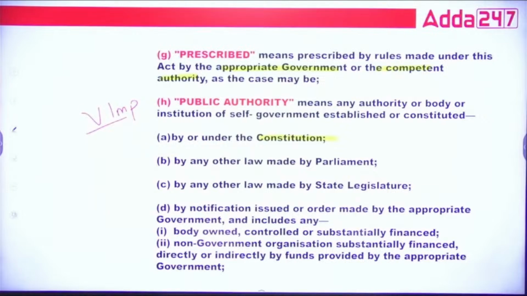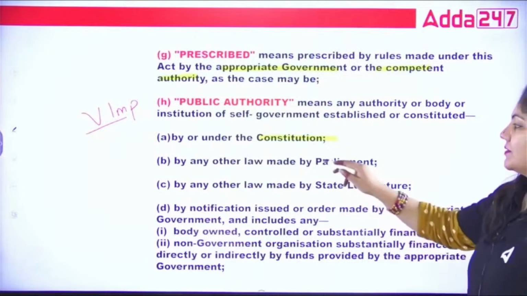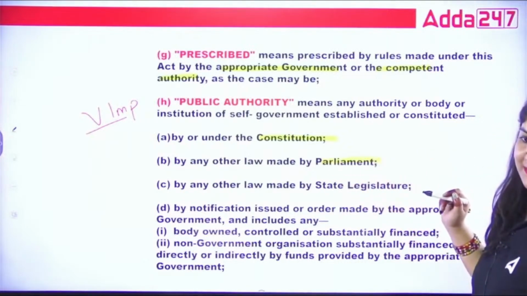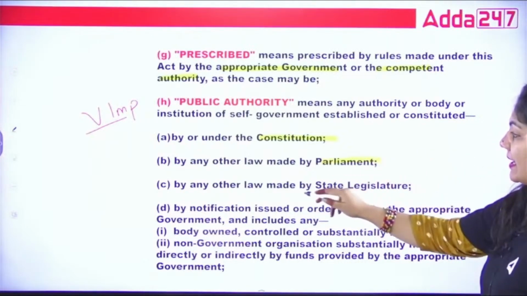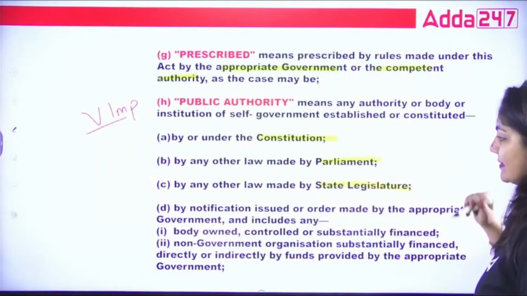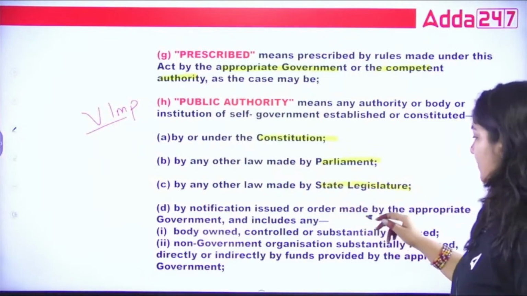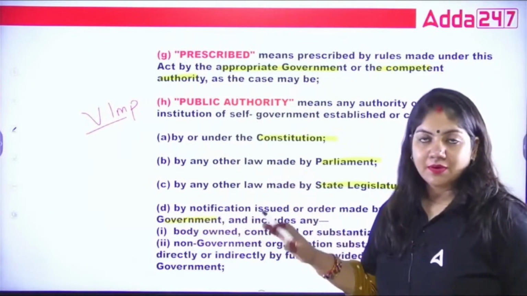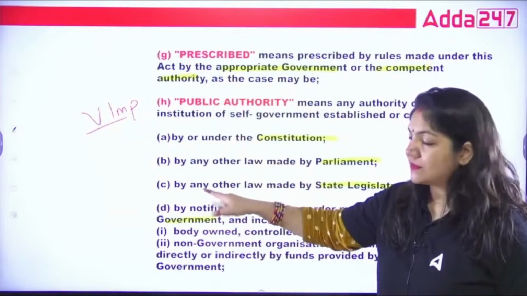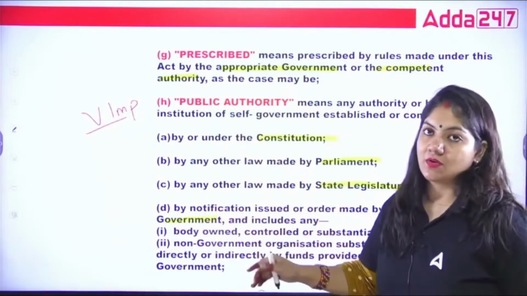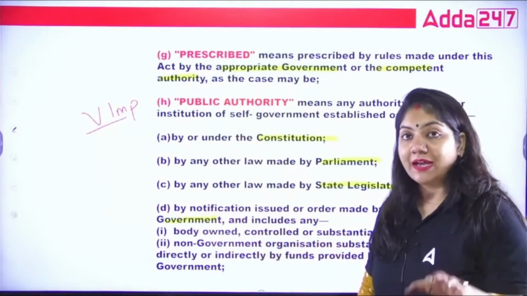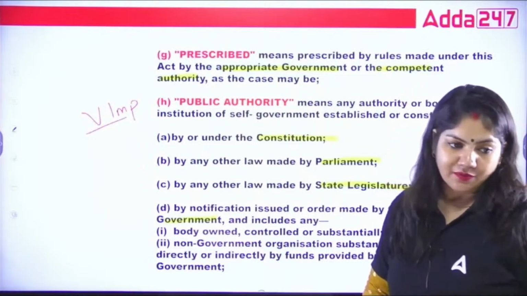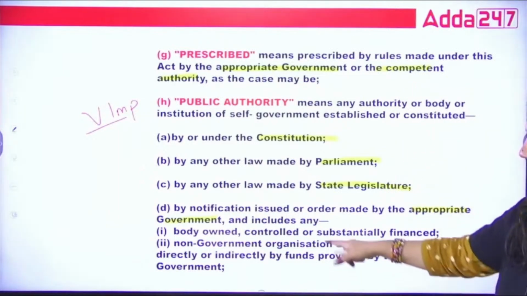Or any other law made by parliament, which is the lawmaking body. Or any body made by a state legislature, or by notification of any appropriate government. So guys, when a body is established under these four points, these bodies are called public authority, and from that public authority we can ask for information.